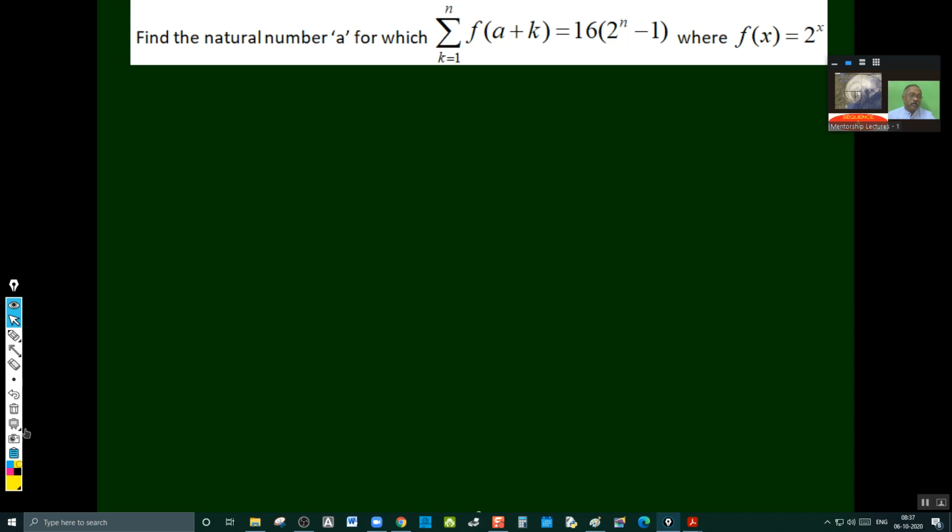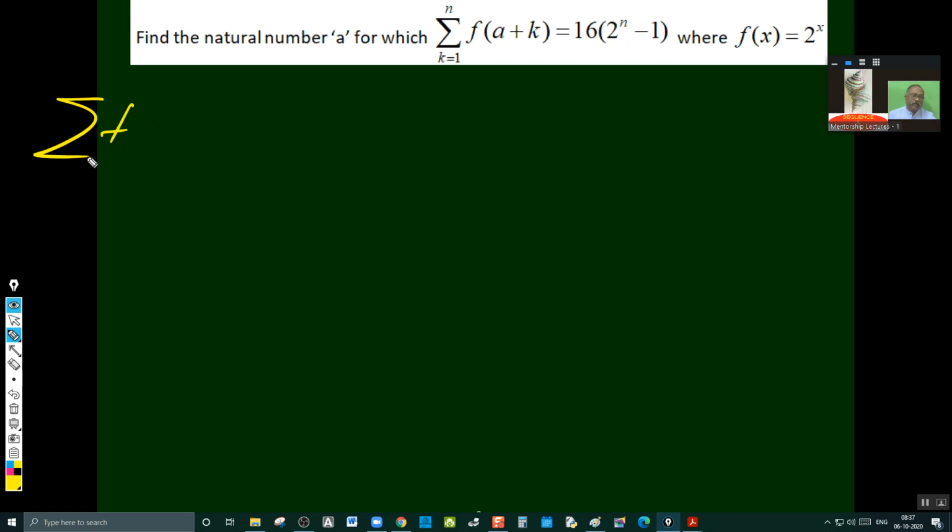A good question. f of a plus k is equal to 16 into 2 power n minus 1. So, sigma f of a plus k, you can try it. I think the question is complete or not.